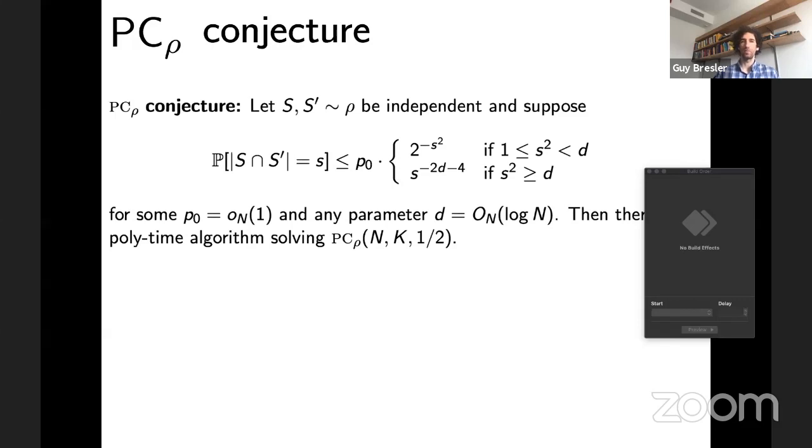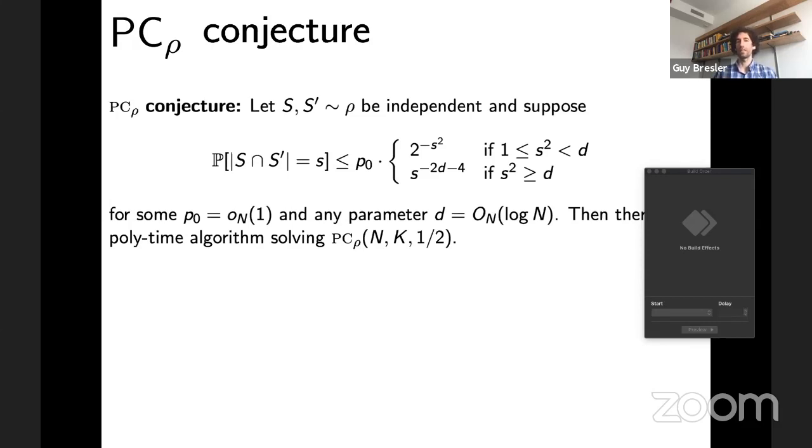And there's a clean conjecture that we have for when this problem is actually hard. I'll state it as follows. Let S and S prime be two independent draws of the clique position from distribution rho. Consider the probability mass function of the cardinality of the intersection of S and S prime. So this is the overlap between two independent cliques.